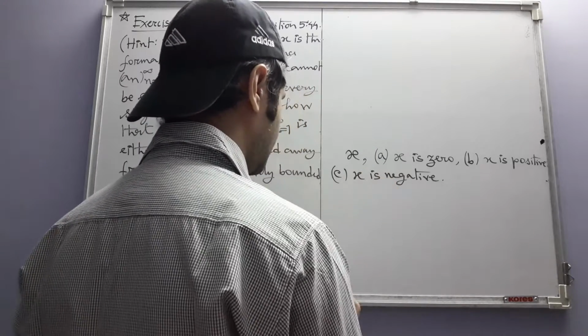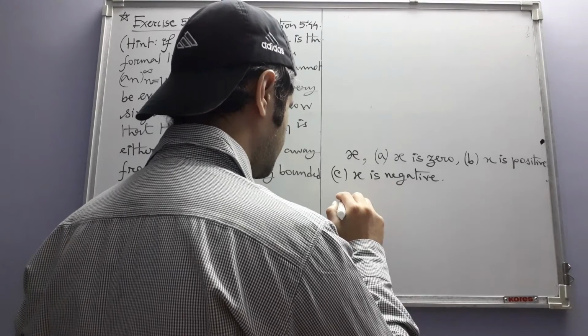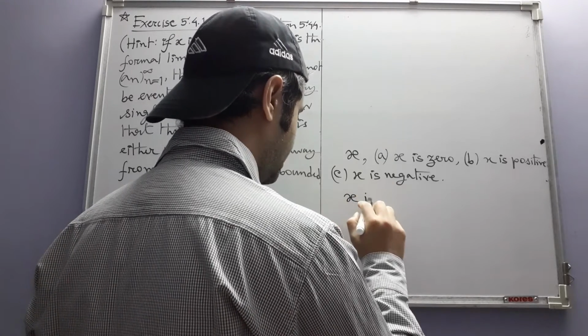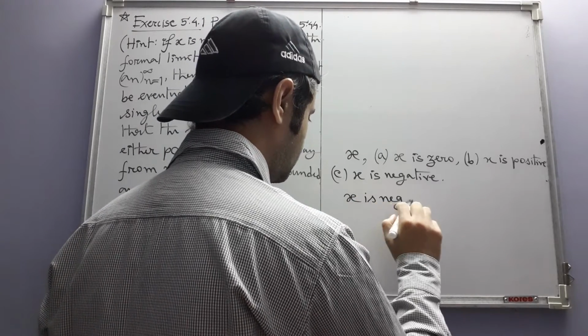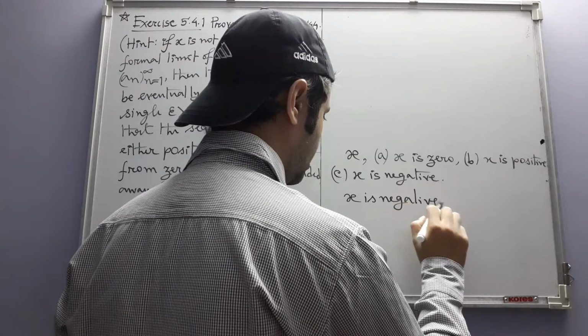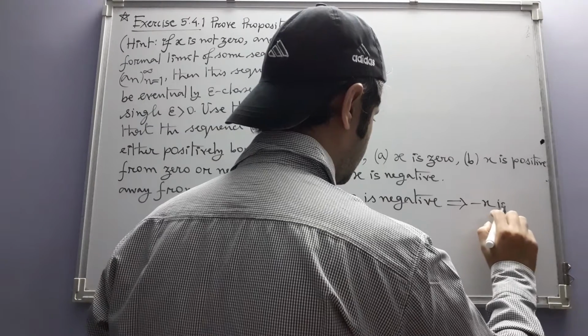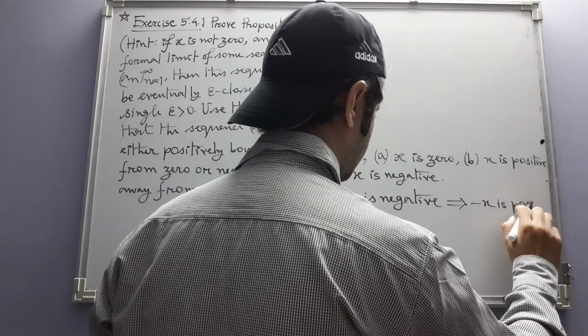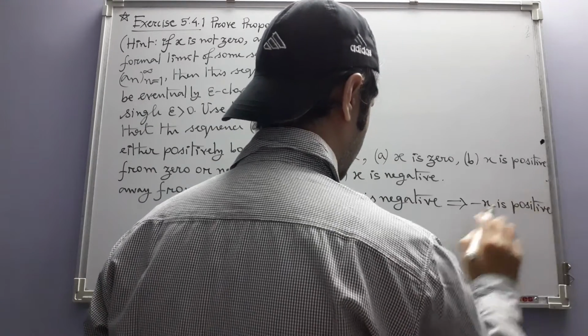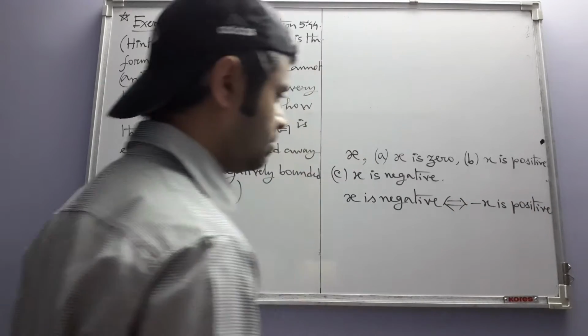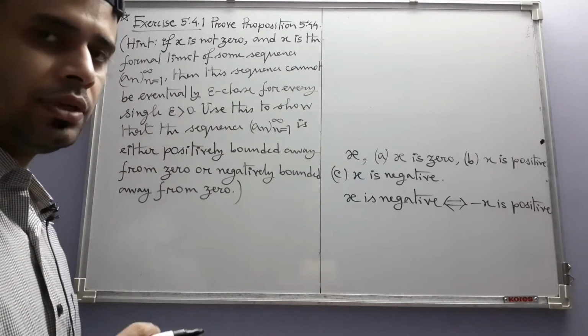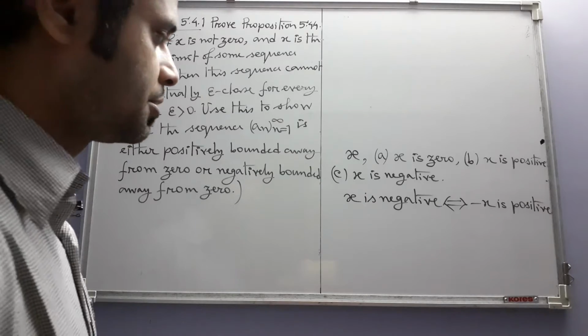The second part asks us this: if x is a negative real number, then this implies minus x is positive, and the converse is also true, that is x is negative if and only if minus x is positive.